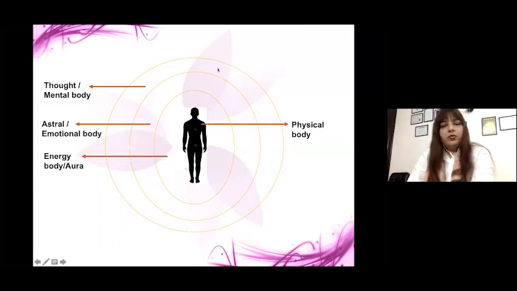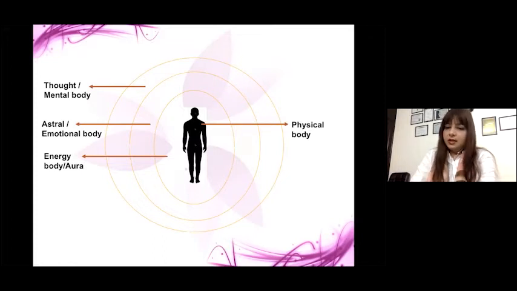We don't create thoughts in our body. We catch thoughts from the universe. So this is the thought body, which is the mental body. For example, if your thoughts are negative, if you are disturbed because of something, if you are under stress, if you are under any kind of trauma, right? How will your thoughts be? Your thoughts will be negative.